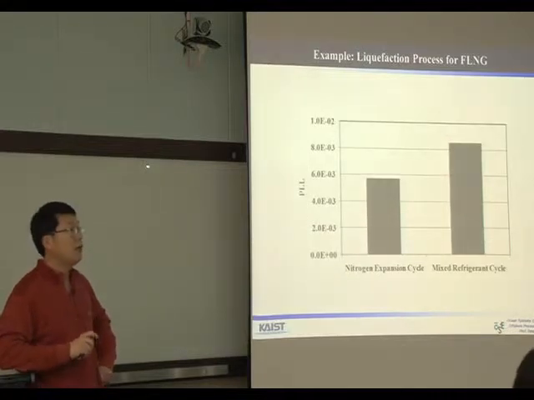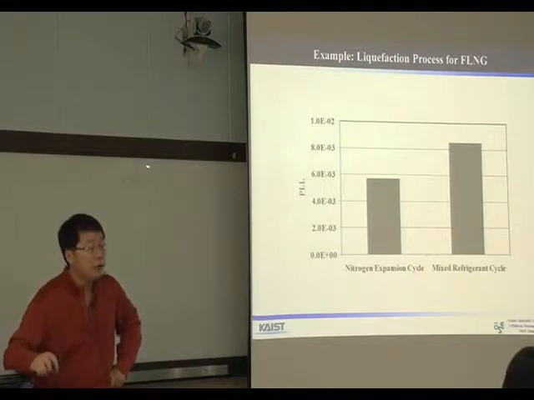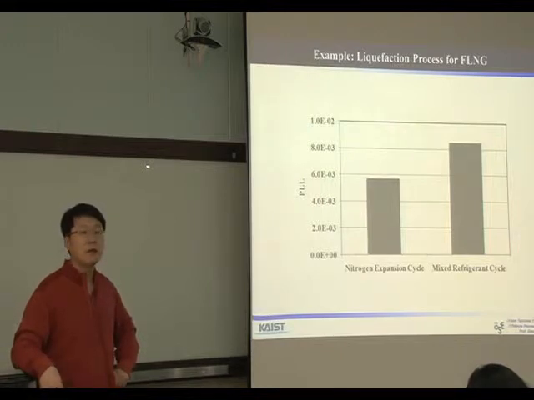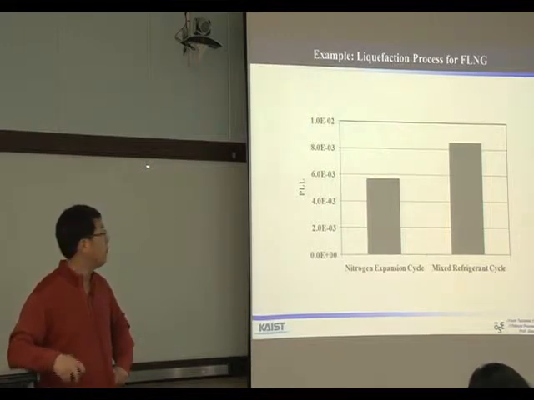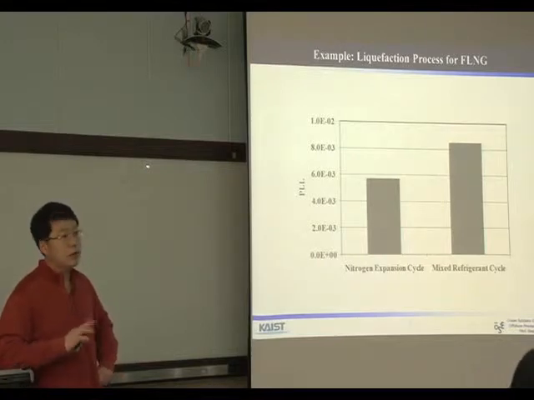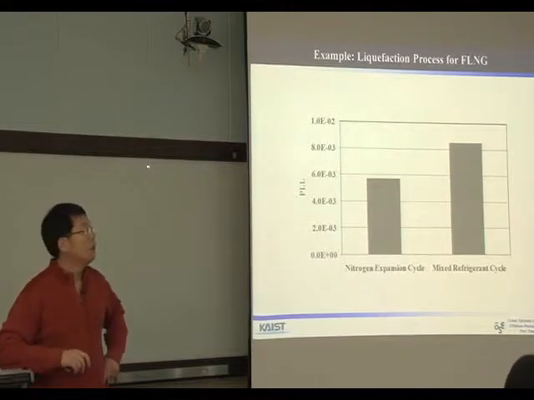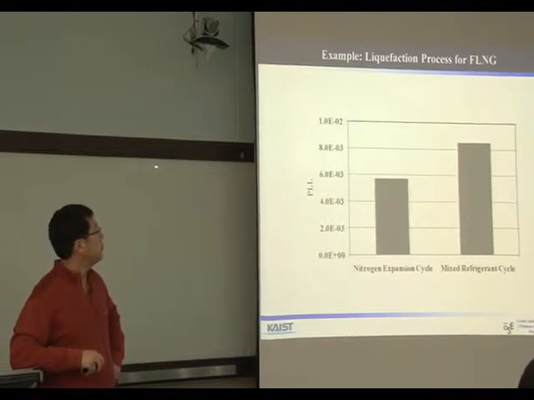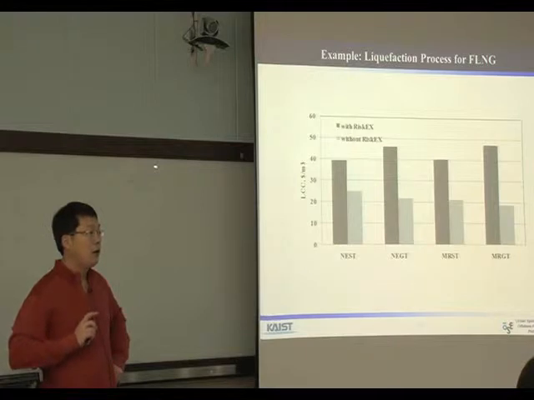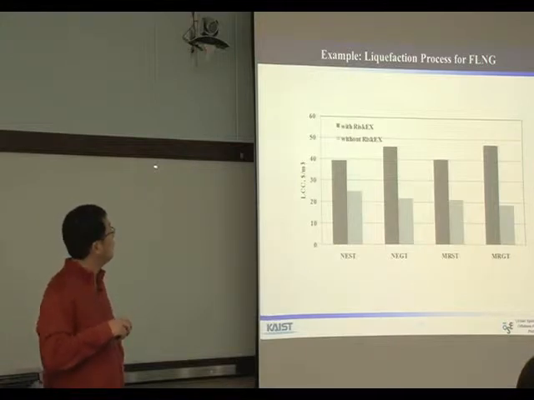This is PLL, potential loss of life. It is the fatality parameter. So the nitrogen cycle has around 70% of the mixed refrigerant cycle. So we can compare.